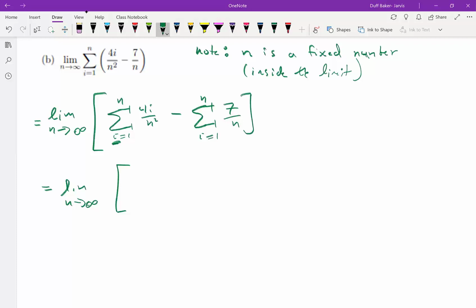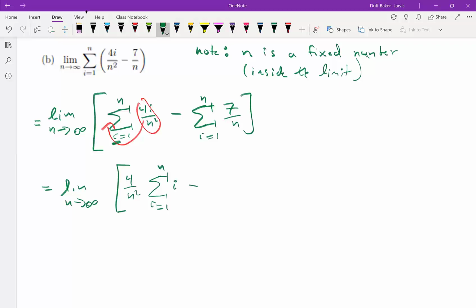So you can pull the 4 over n squared out here. So you can take this part and you can pull it out and end up with 4 over n squared, sum from i equals 1 to n of just i.